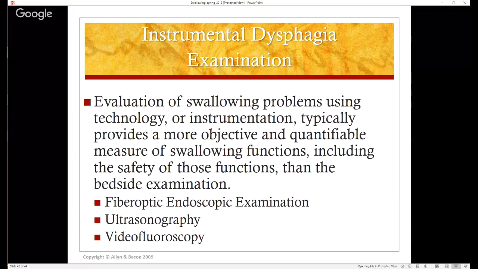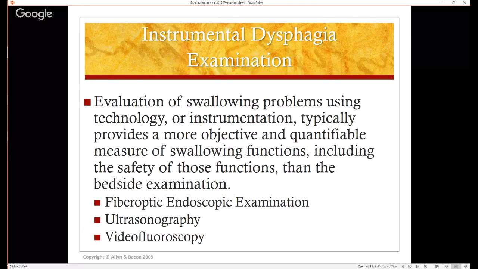This will include a fiber optic endoscopic examination, also known as FEES, and it provides direct visualization of the swallowing mechanism. A fiber optic endoscope will be used, which is a flexible tube that contains a small camera. It'll be passed through the nose and into the pharynx, and it's going to yield a picture of the swallowing mechanism before and after the swallow.